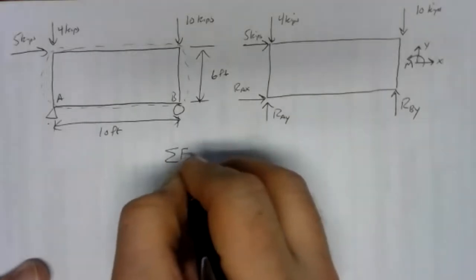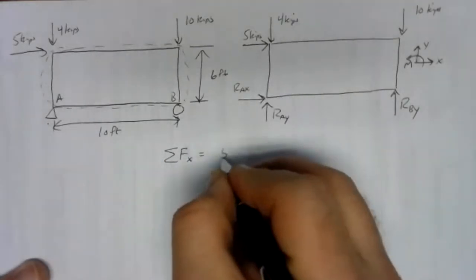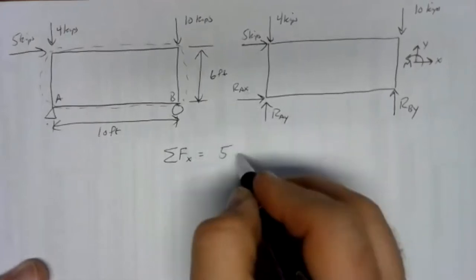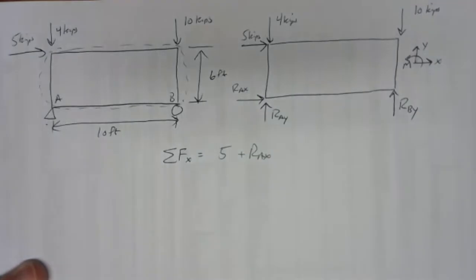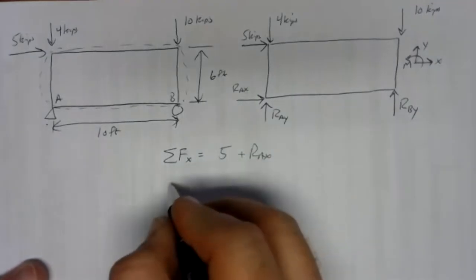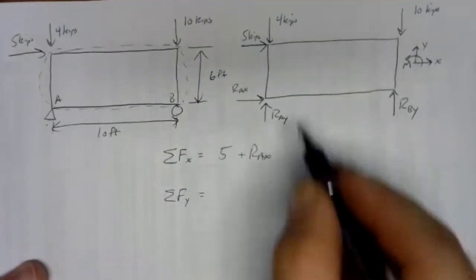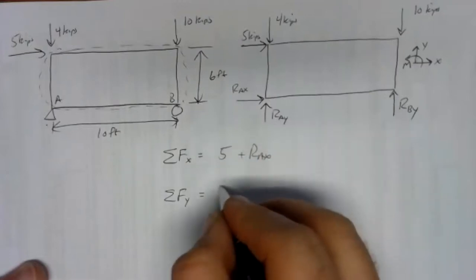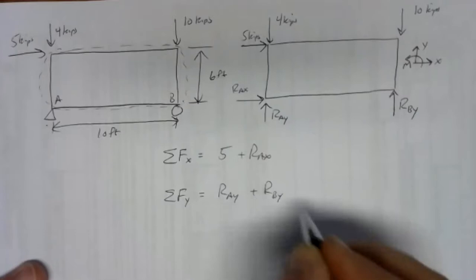So sum of forces in the x direction, we've got a positive 5 kips, and we've got a positive RAX. Nothing else in the x direction to deal with. We'll do our sum of forces in the y direction. We've got a positive RAY, positive RBY.